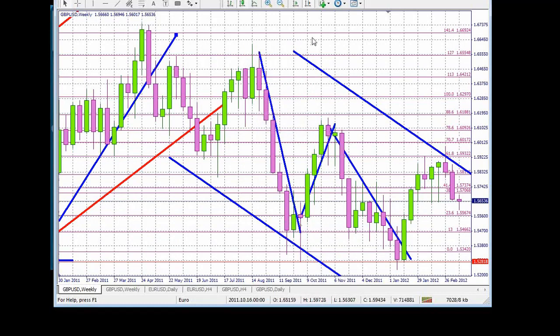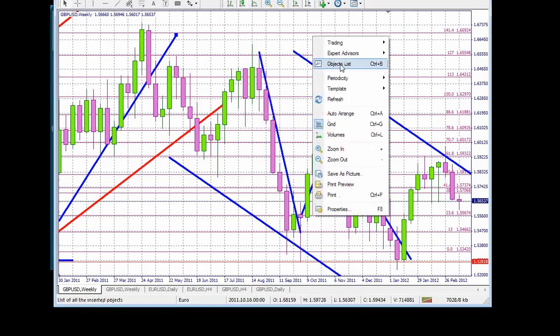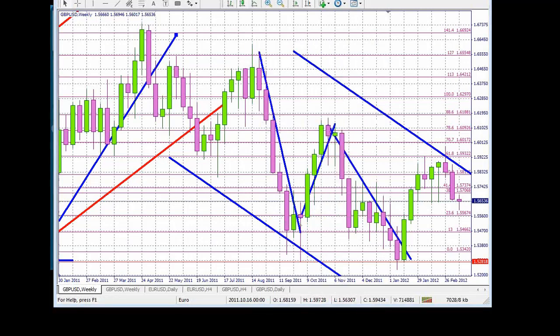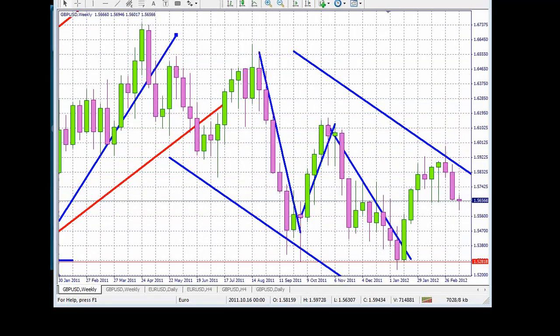The corrective waves allowed me to delete those fibos that I put in the market, the last one.